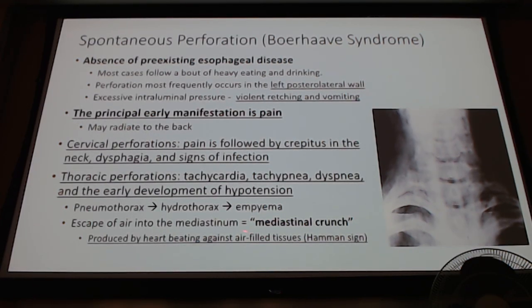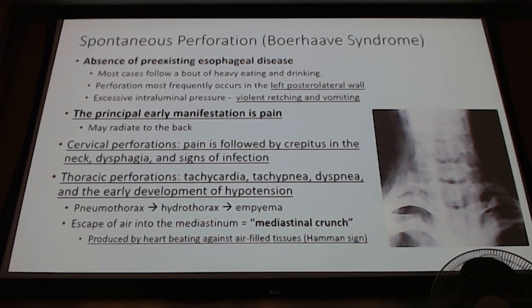Because the NCCPA and the PANCE love to throw in nice little signs and words. Mediastinal crunch. Has anybody heard that before? Say you have a pneumomediastinum, so air around the heart. When the heart beats against that air and you listen to it, you'll actually hear a mediastinal crunch.